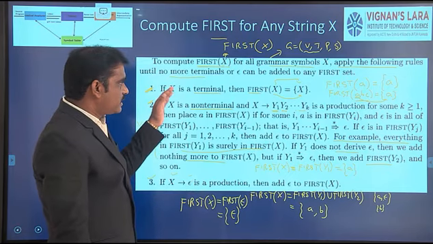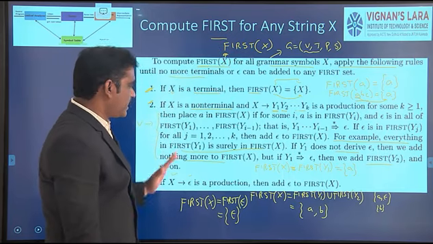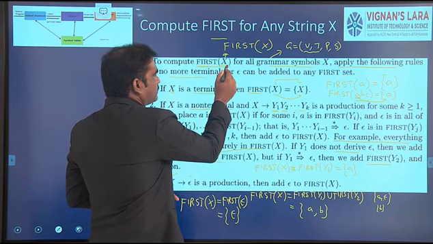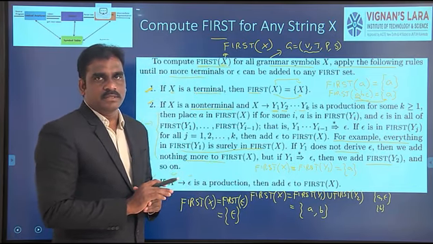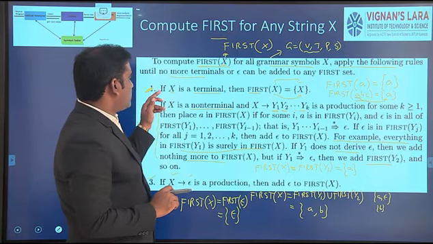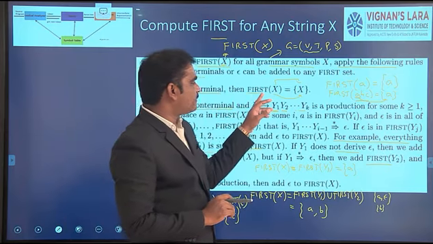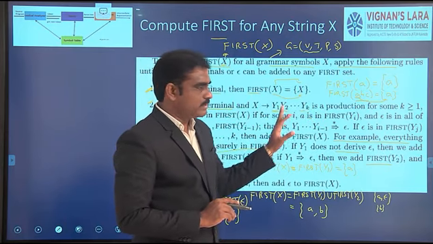So these are the rules. By using these three rules, we have to compute the first of x. So total 3 points. The first point is to find first of x. What is x? X is a grammar symbol. If x is a terminal symbol, then first of x equals x. That means first of a terminal symbol equals the terminal symbol.